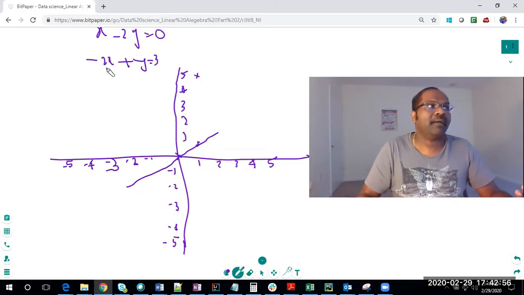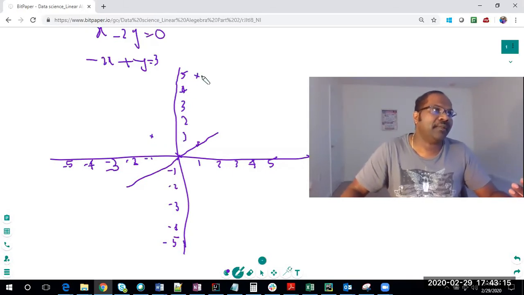Let's see what happens when x is equal to minus 1. This will be 2. Then y is equal to 3 minus 2 is equal to 1. So if x is equal to minus 1, y is 1. So we have 2 points here. Let's try to draw a line between these 2 points here.